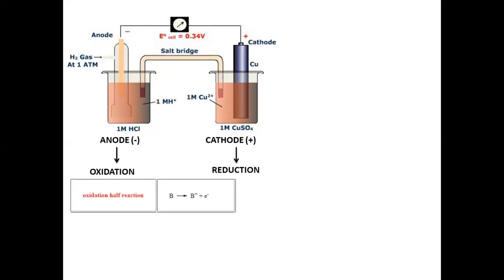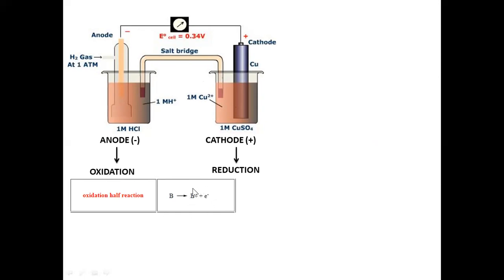Now, to balance the following oxidation half-cell reaction for this anode pole, say for example, we have an elemental B. This is not boron. This is just a hypothetical elemental B. Since this letter B has no positive nor negative sign, this is an elemental B with a charge of 0. So B now converts to B positive. So this is oxidized to B positive. Now, to balance the whole equation, when we say oxidation, it is the loss of electrons.